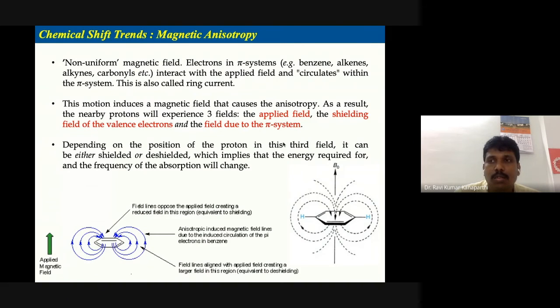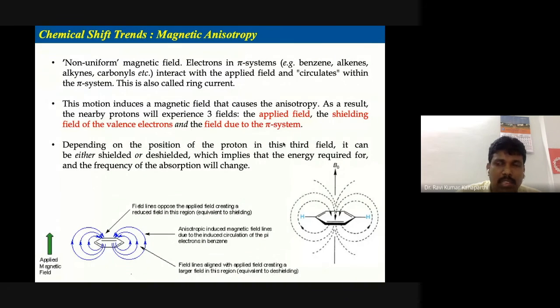Well, you can just go back and recollect what I have discussed. We are going to place our samples in an external magnetic field of strength B0. Then we assume that in a given molecule, all the atoms are resonating at the same frequency, but that is not happening.